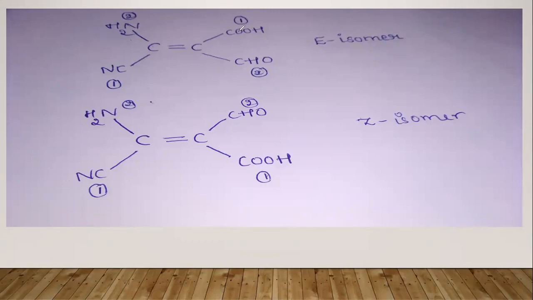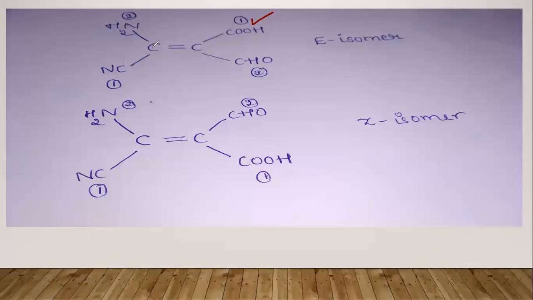Atomic number of oxygen is 8, but atomic number of hydrogen is 1. So this is higher priority. So I will check atom by atom. This carbon and this carbon, the same priority. O and H, which one has a higher priority? Oxygen. So this is higher priority. This is number one. This is number two.